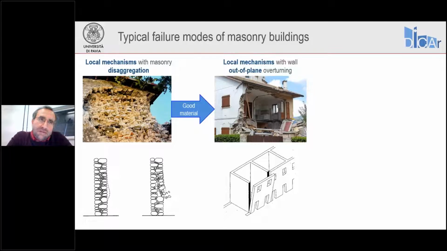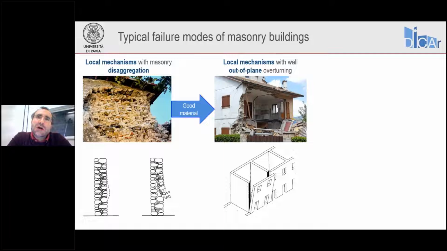If we don't have this problem, a second level is the one related to connections, because we may have out-of-plane collapses of portions of walls because of poor interconnections with the intersecting walls or with the diaphragms.